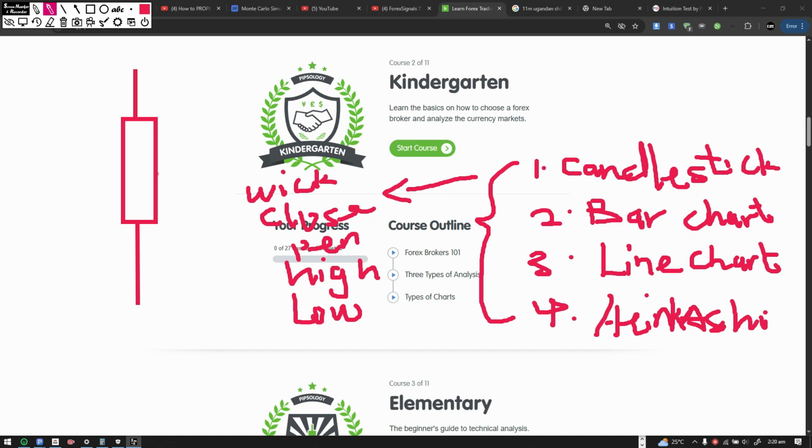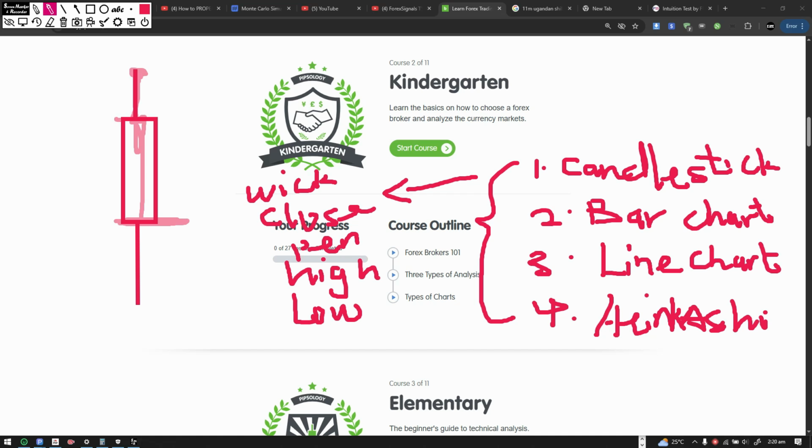If this is bullish, this is where you open, right?